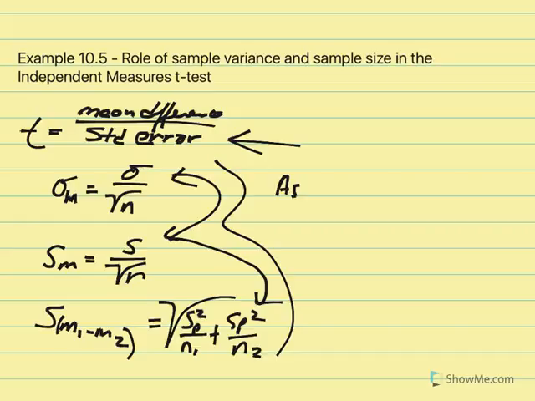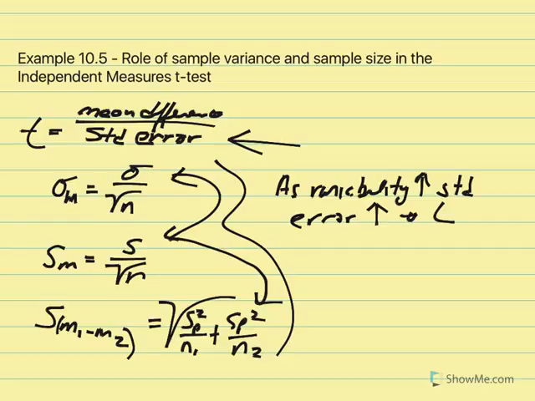So as variability increases, standard error increases, and t-statistic decreases.